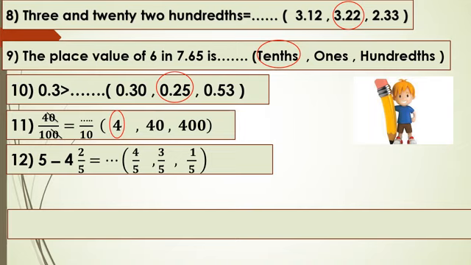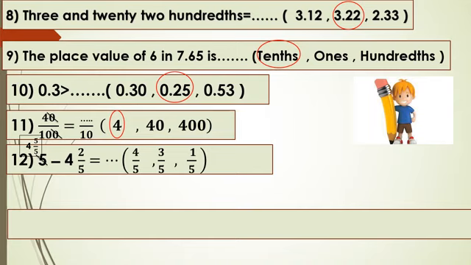We can borrow 1 from 5. 5 becomes 4. And the 1 takes 5 over 5. So we can replace 5 by 4 and 5 over 5. So we have two mixed numbers.